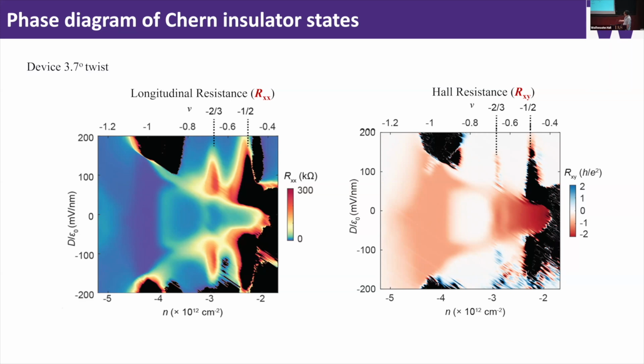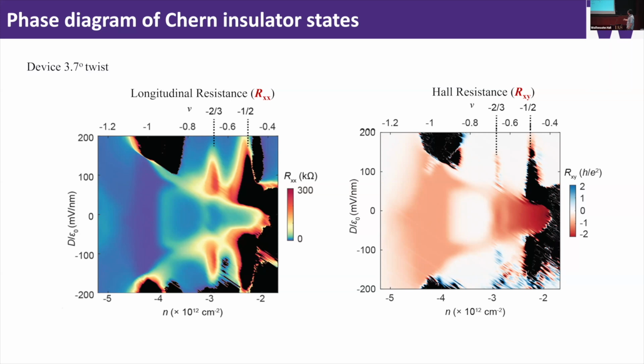And again, if we go to a large electric field, Rxx will increase, corresponding to an electric-field-induced phase transition from the FCI state to a charge-ordered state. So between the filling factor -2 and -1, at -2/3, you see there's a pocket of suppressed Rxx.